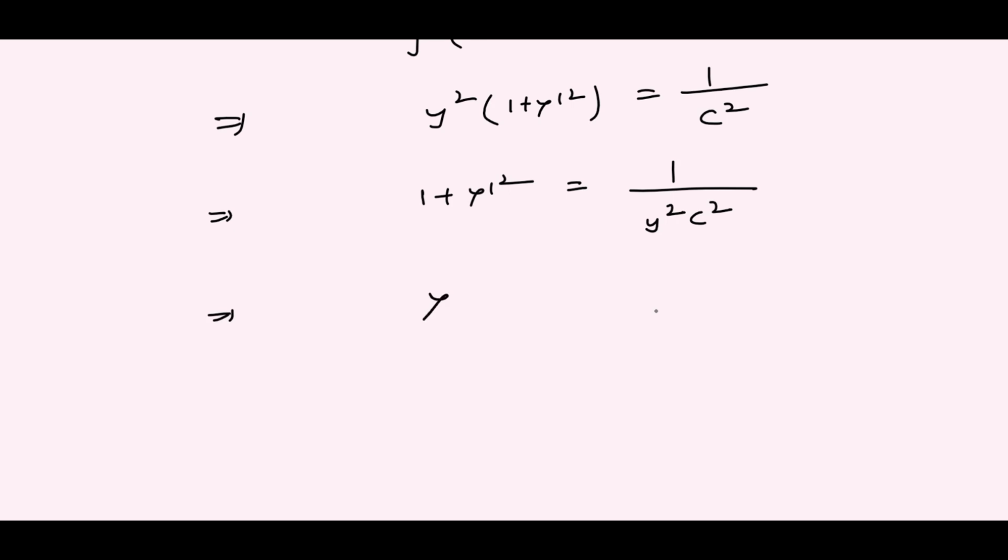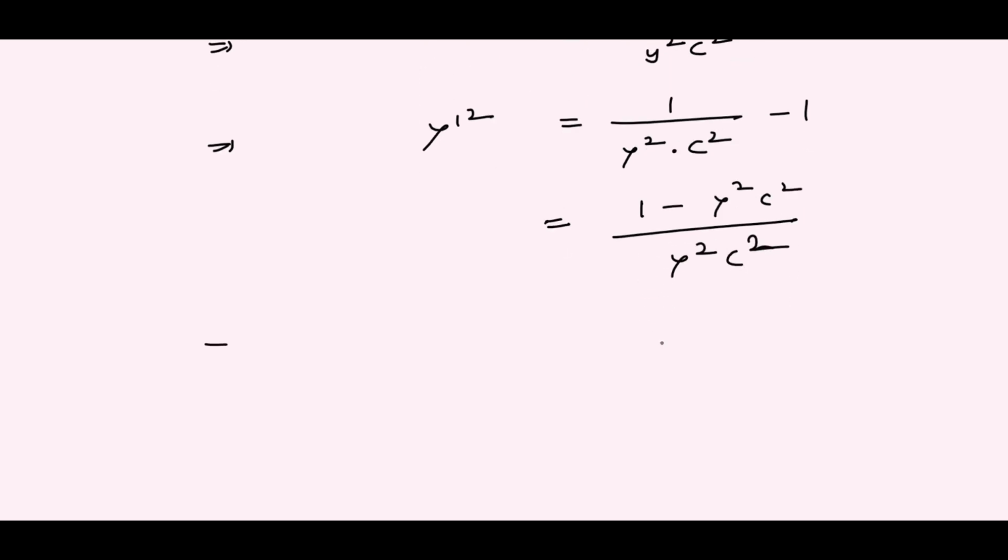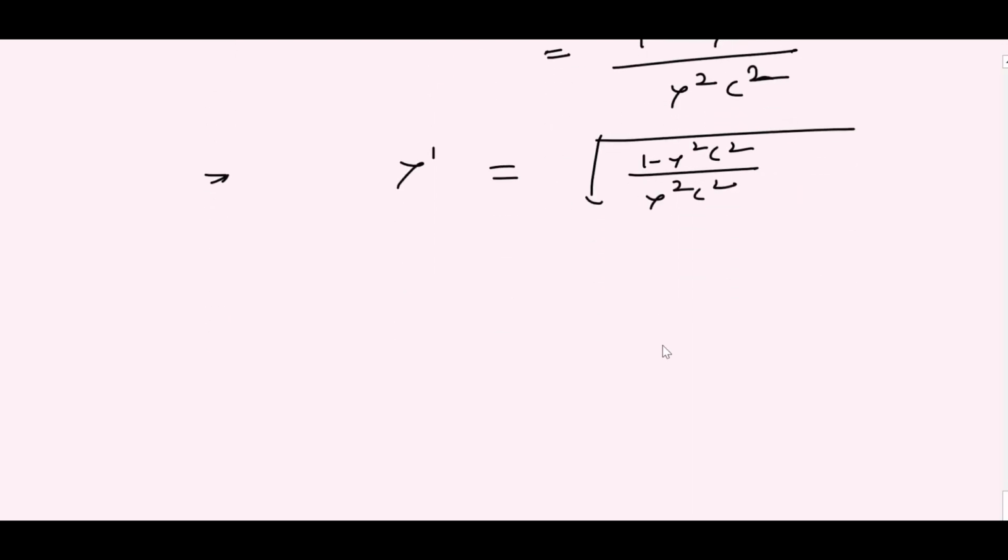So it implies y dash whole square is equal to 1 upon y square c square negative 1. So it will give 1 negative y square c square over y square c square. So now further take the square root on both sides. That is 1 negative y square c square over y square c square.